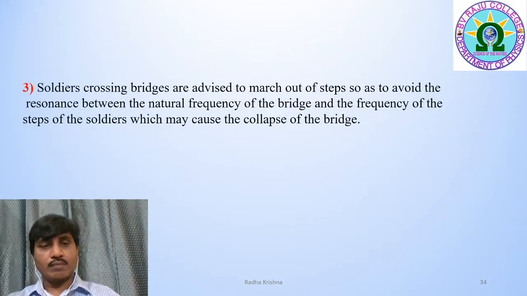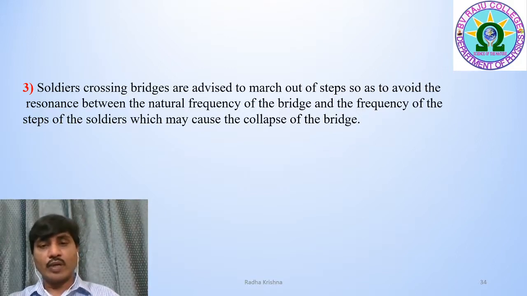The third example is soldiers crossing bridges, who are advised to march out of step so as to avoid resonance between the natural frequency of the bridge and the frequency of the steps of the soldiers, which may cause the collapse of the bridge.